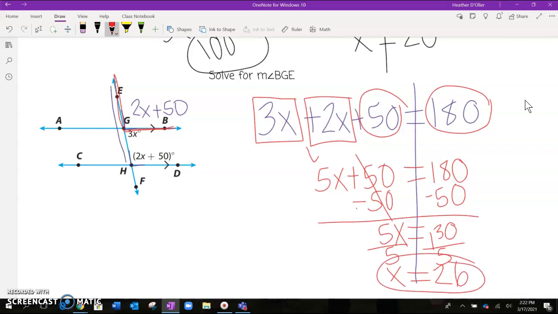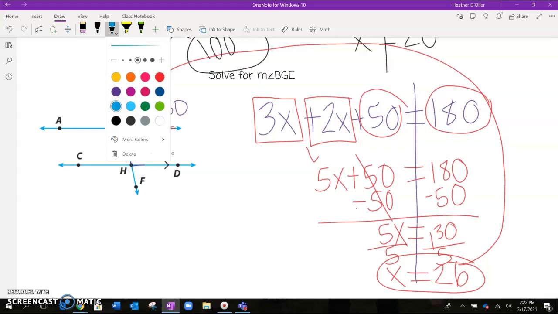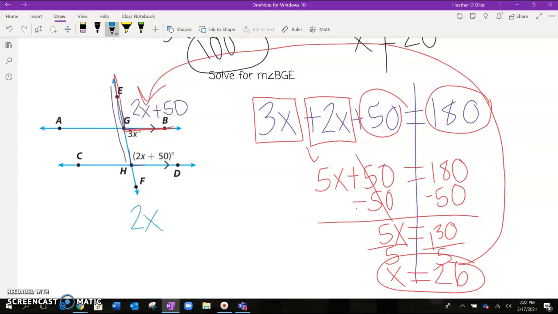So since x equals 26, now I'm going to use that in order to solve for angle BGE. Let's use blue. So 2x plus 50, that actually means I'm doing 2 times 26 plus 50. 2 times 26, that should be 52, plus 50.